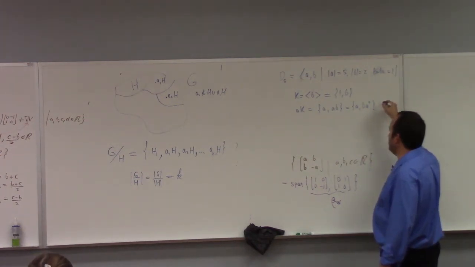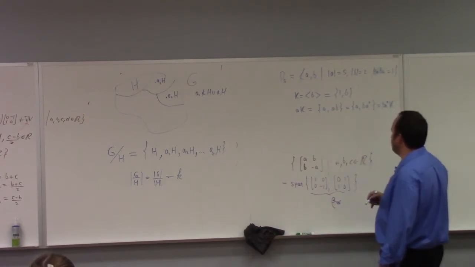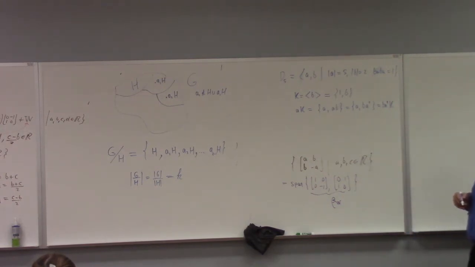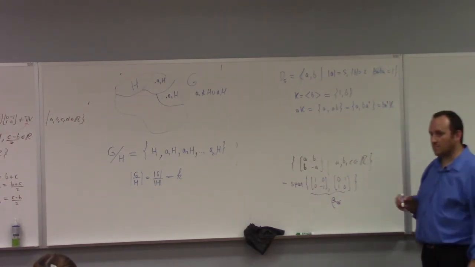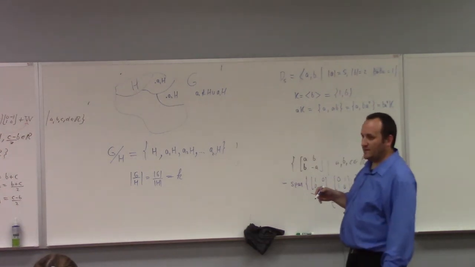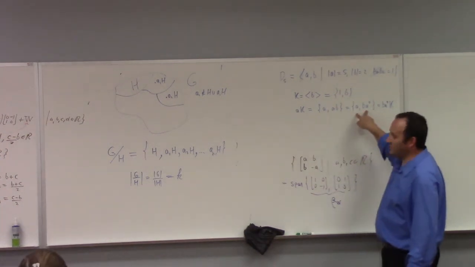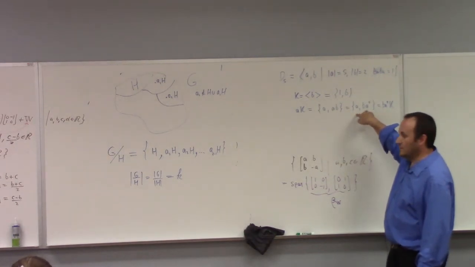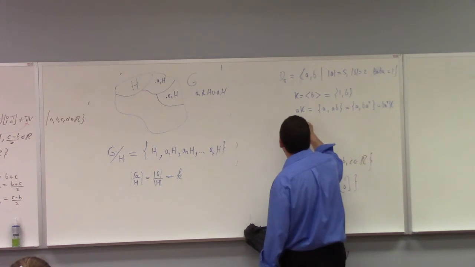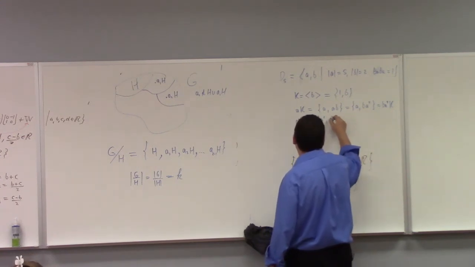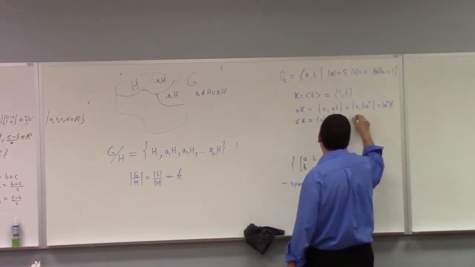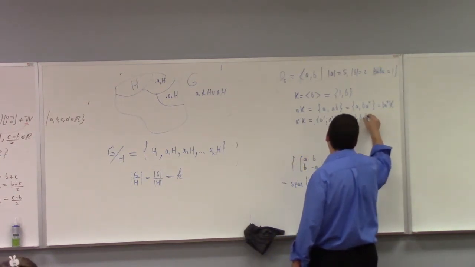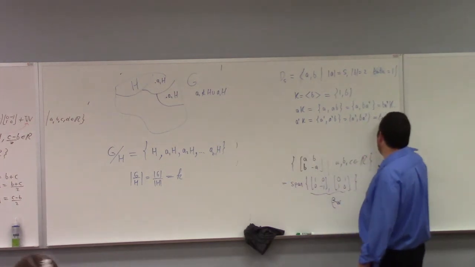So my point here was that this was also equal to B A to the fourth times K. Now you got to pick something that's not already there, and the reason I'm rewriting it that way is so that we have it in the standard presentation, which for us has been A to the power and then B times A to the power. So next up, A squared K, right? And that gives me A squared B, which is A squared B A cubed, I believe. So this is also B A cubed K.